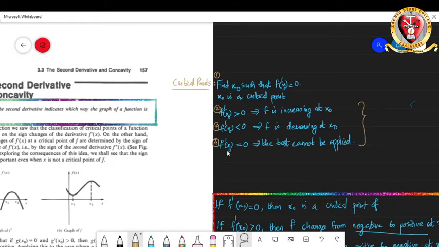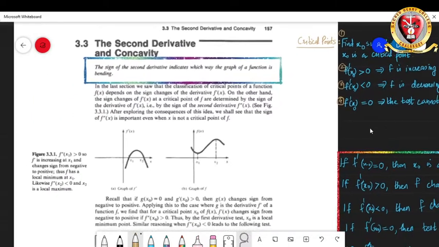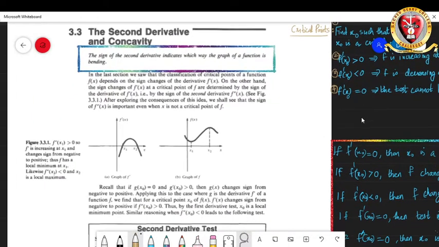And the test is not conclusive when f dash of x naught is equal to 0. Those are some of the points which we discussed in the last section.